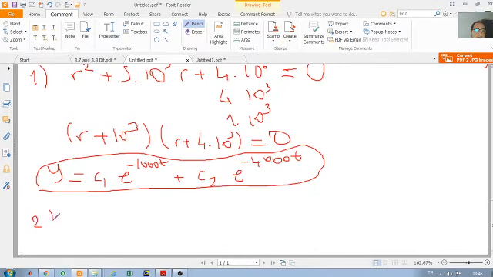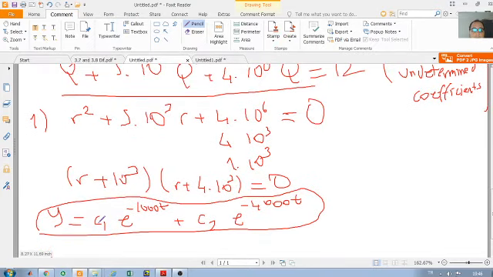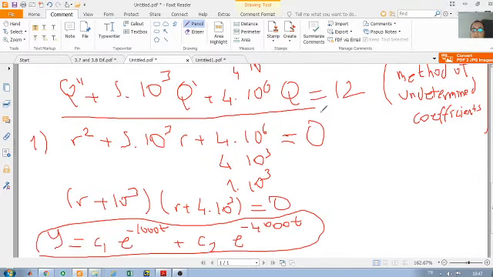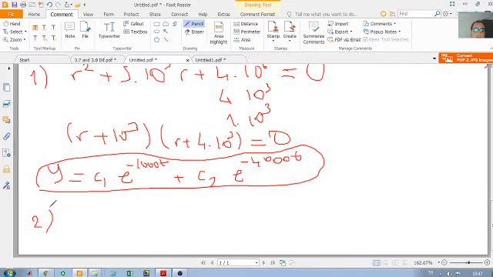And the second step is to find a particular solution for this non-homogeneous differential equation by using the table stated in the previous sections according to the method of undetermined coefficients. So we have 12, which can be considered as a constant polynomial, namely P_n(t) is equal to 12.